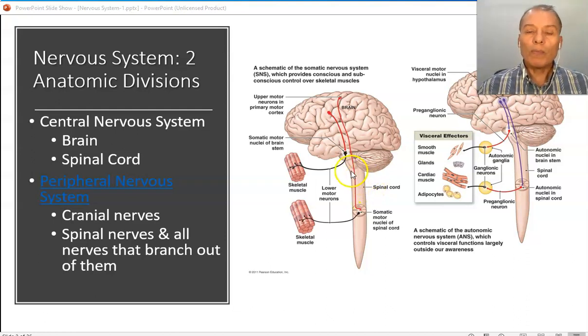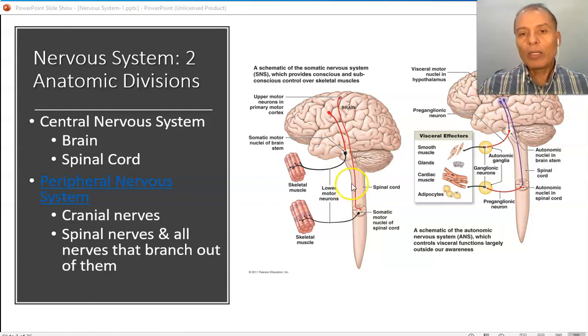So in order to have full control over the body, the brain has to have communication, and send wires down to different parts of the body. And the different parts are the cranial nerves, that come out of the brainstem. They originate there.